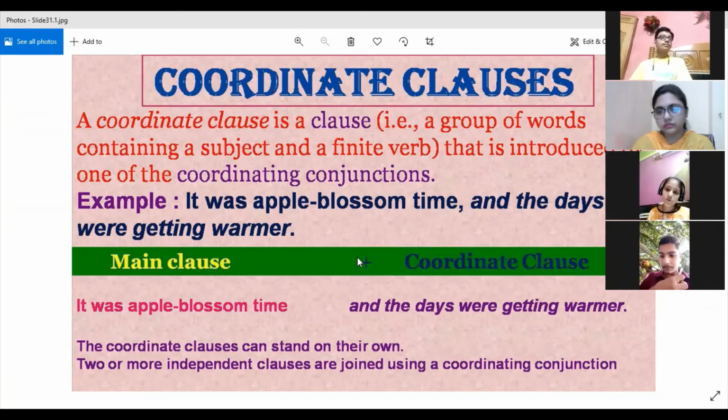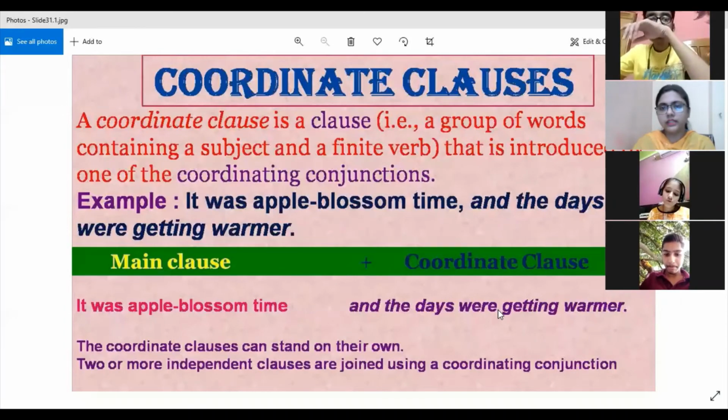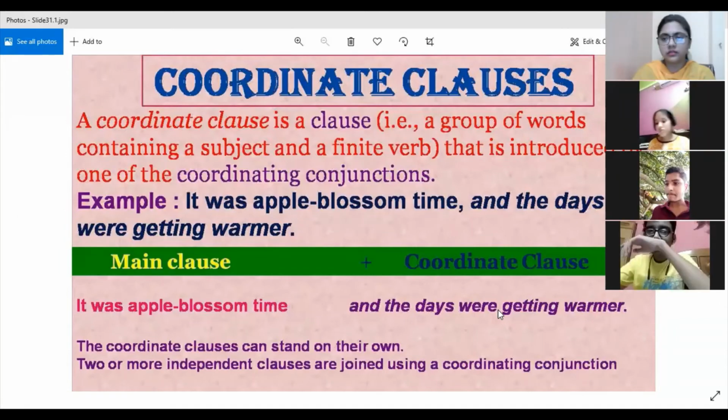Understood, Arav? Yes. So, ma'am, the question is asked from the dependent clause. Yes, the dependent clause will be your answer. Okay. Thank you, ma'am. Athar, you have something else to ask? Okay, you can lower your hand.